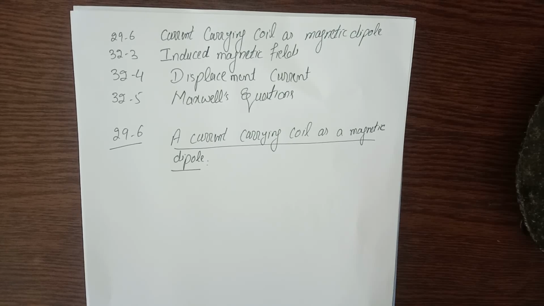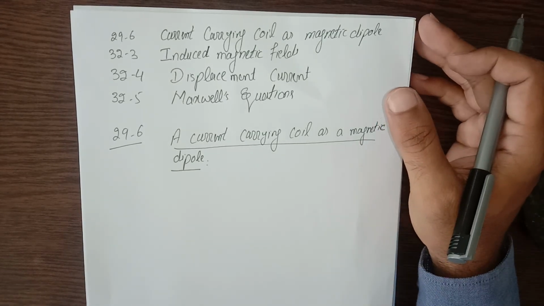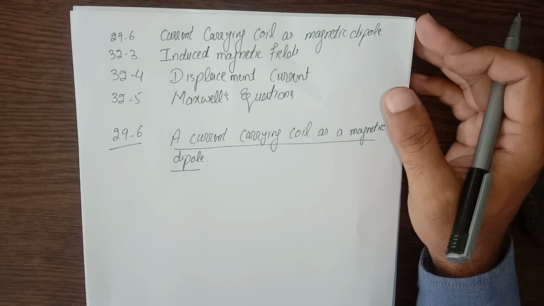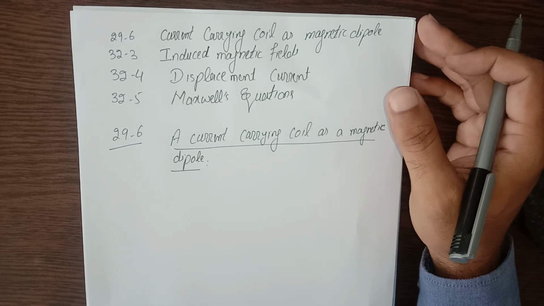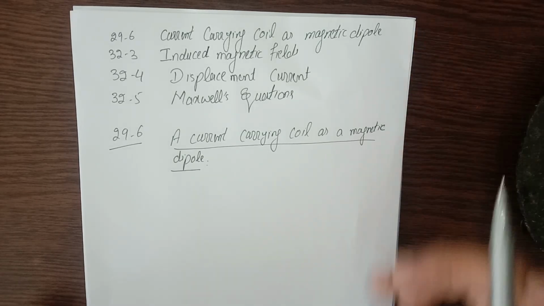So far we have discussed the magnetic field due to a long straight wire and the magnetic field due to a solenoid and toroid. Now we would focus our attention on a coil which carries a current.